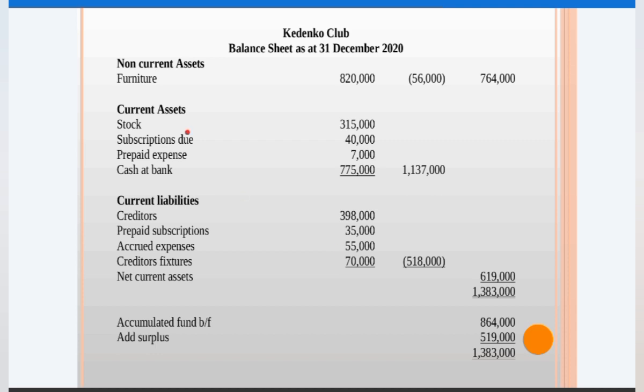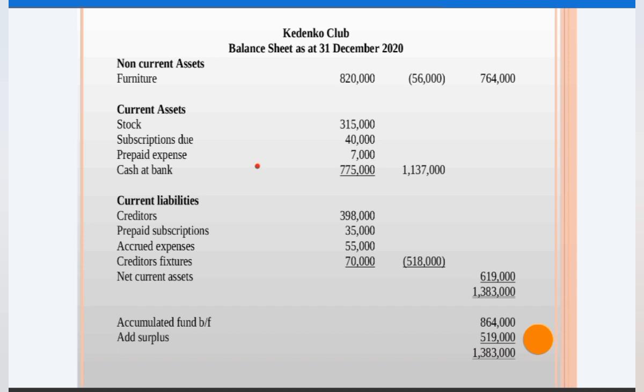So this is just part of the many illustrations for this non-profit making organization. From the right, you will find several other examples, several other illustrations, and their suggested solutions. So in this class, we've been able to look at the accounts of non-profit making organizations, where we were able to look at the nature of organizations and the differences between these organizations and the profit making organizations.